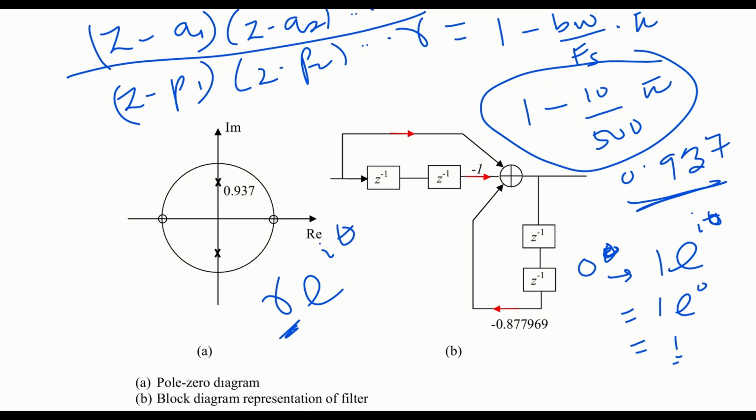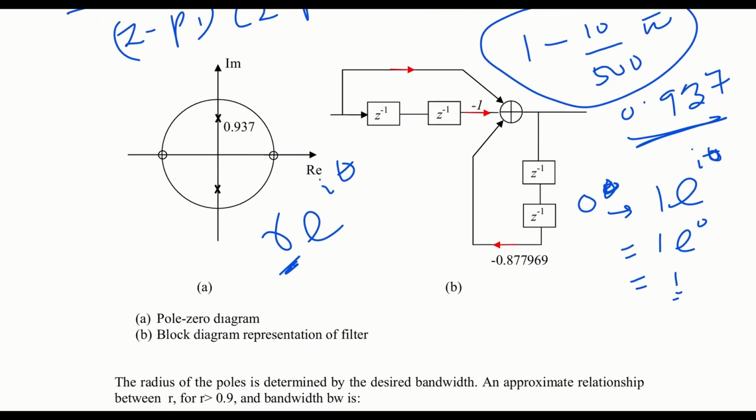So one of our zero components is 1. Now another of our zero components occurs at 180. So we have to write it. When we write it, we get 1 e raised to the power I theta. Theta is 180 degrees. Fine, we can put the 180 degrees here, but 180 degrees is the same as pi.